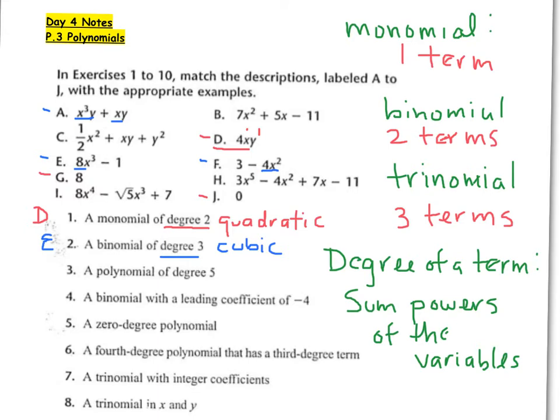Alright. When they talk about number 3, a polynomial, they're not giving any specific number of terms, so for the most part that usually goes to something that has more than 3 terms, because we don't have special terms after that. But what we're looking at in part E is that this is going to have a degree of 5.